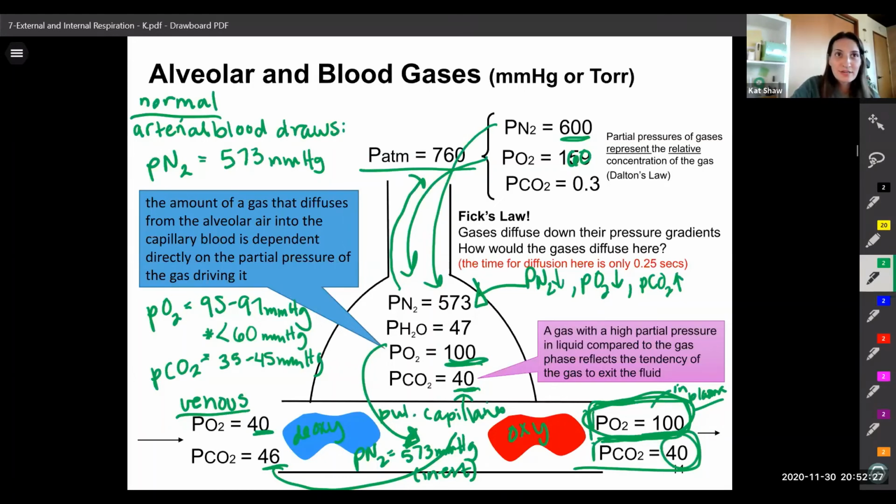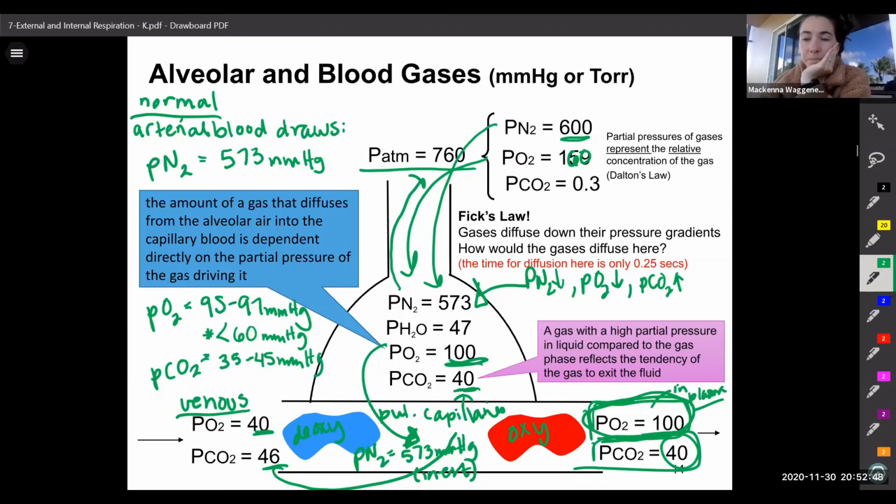An increase in the partial pressure of CO2 to 55 millimeters of mercury, or a drop in the partial pressure of oxygen to 80 millimeters of mercury. What do you think?